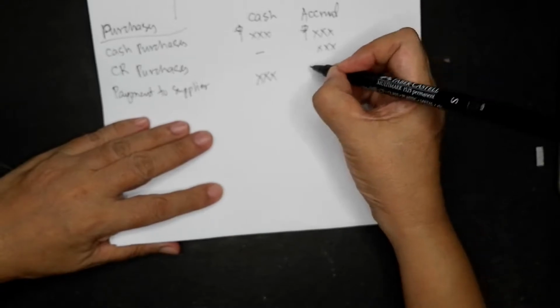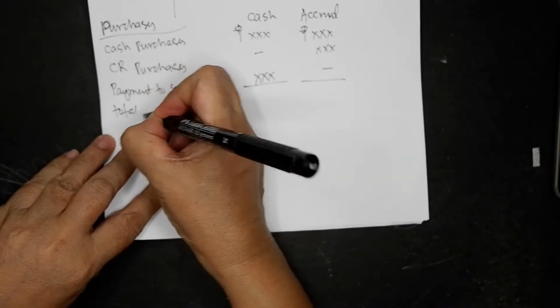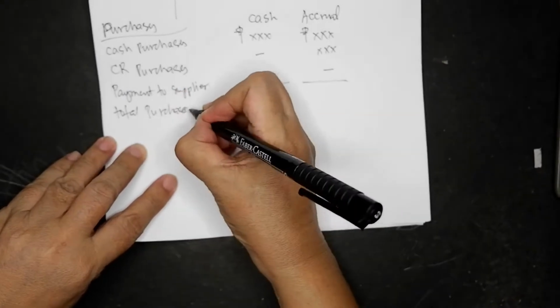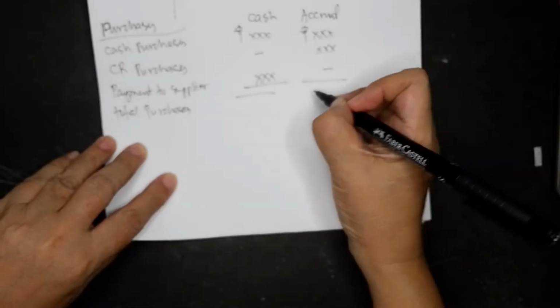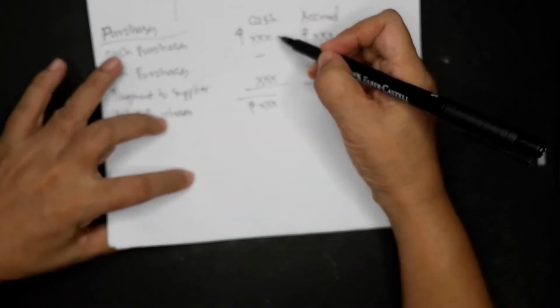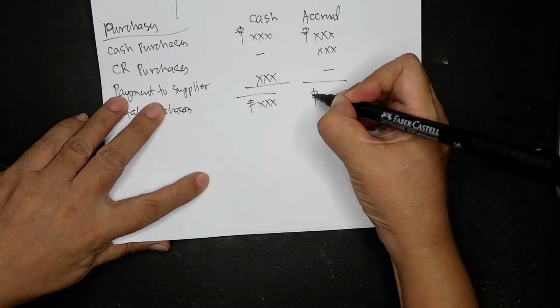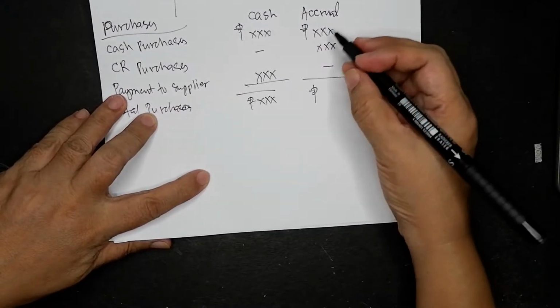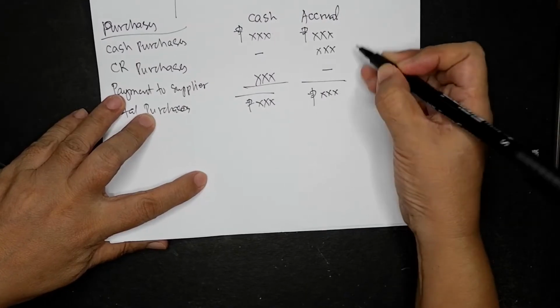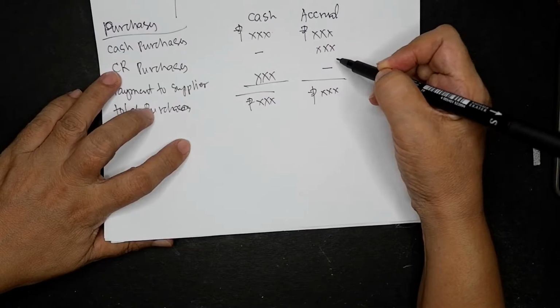Samantalang sa accrual, hindi siya kasama. So, ito yung total purchases under cash basis, which is composed of your cash purchases at saka yung payment to supplier. Samantalang, ang accrual naman is composed of cash purchases at saka credit purchases.